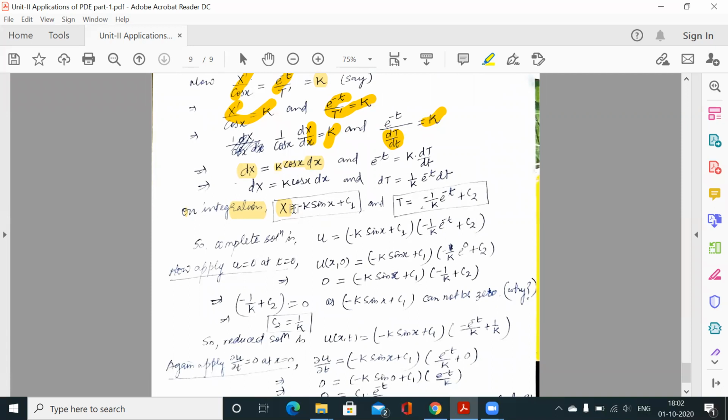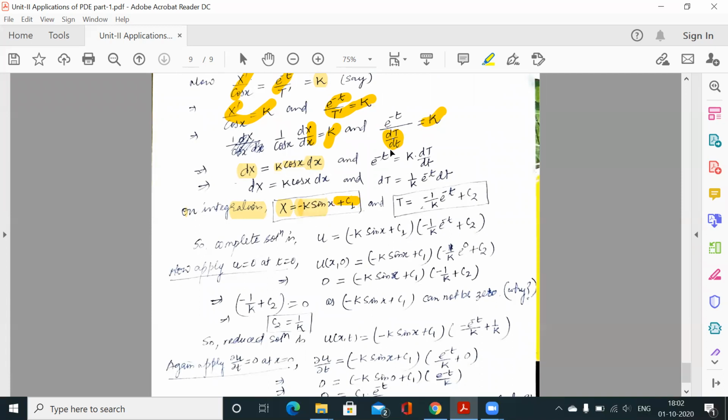This minus sign would not be there, because this is k cos x dx, and we are not differentiating, we are integrating. So the integration of cos x with respect to x is plus sin x. So ignore the minus sign. This is k sin x plus c1.